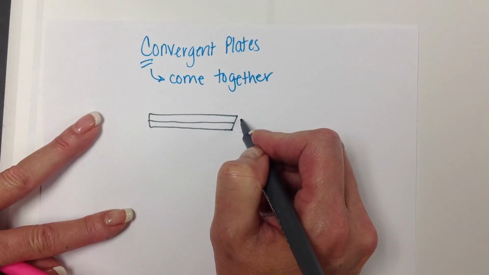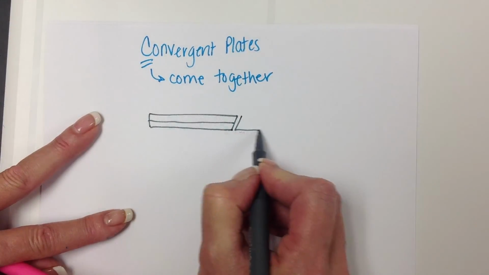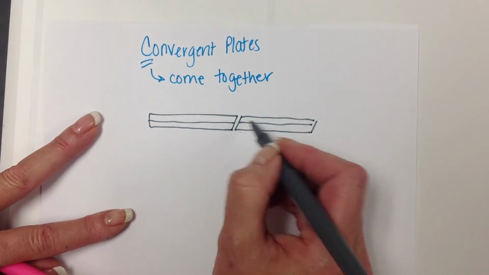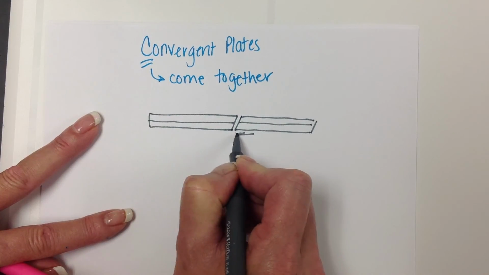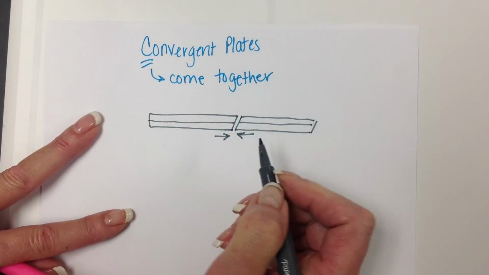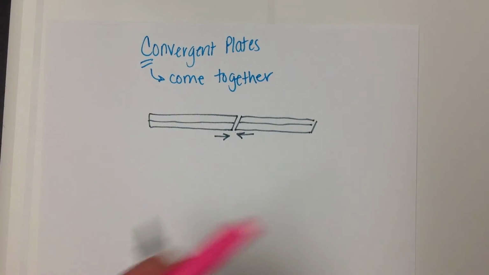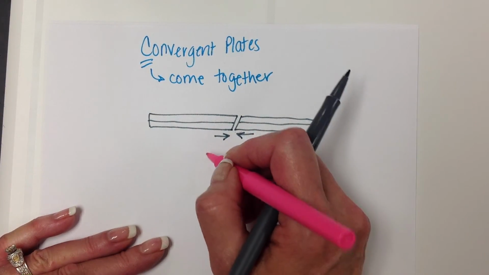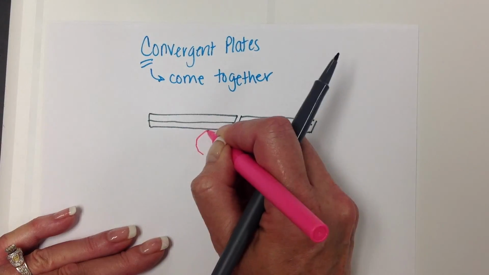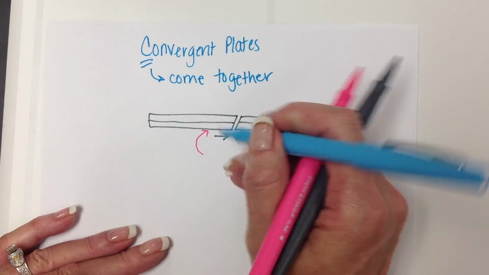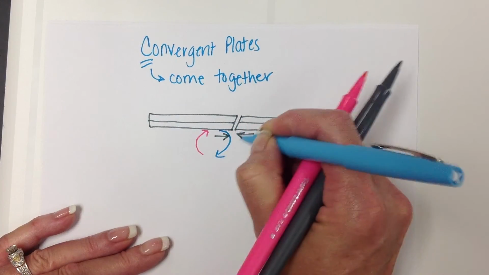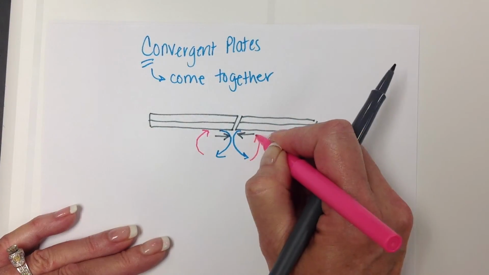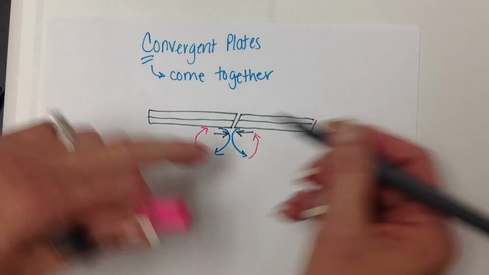And here's a plate boundary right between the two. You can see these plates are coming together. Meaning that the currents beneath them in the asthenosphere are most likely pulling them together. So where you have warm rising, here you must have that cool falling, pulling these two together here in the center, right? Alright, so they're coming together.